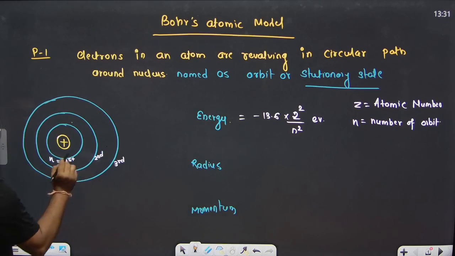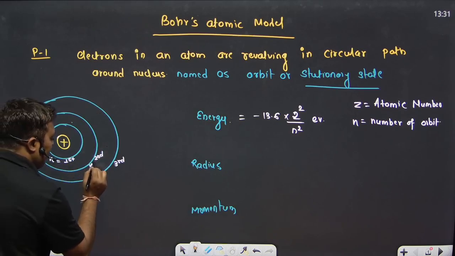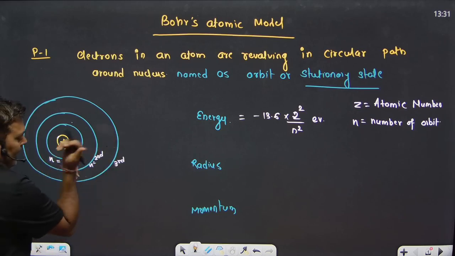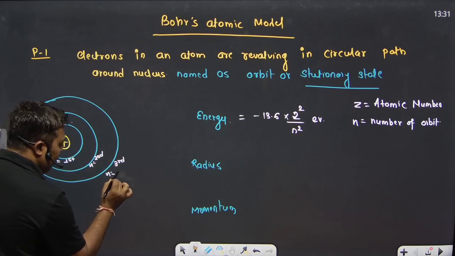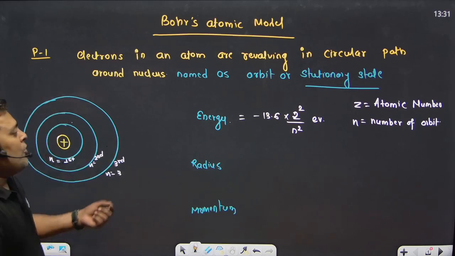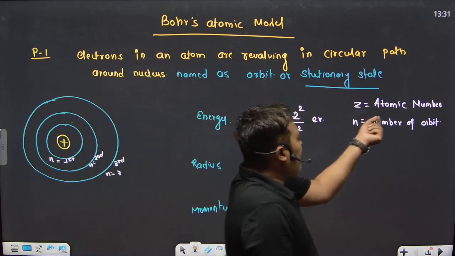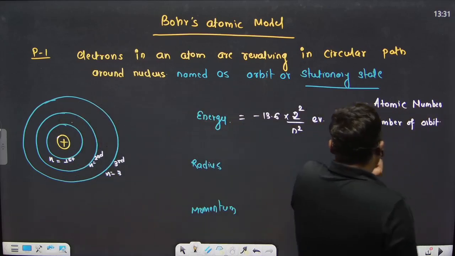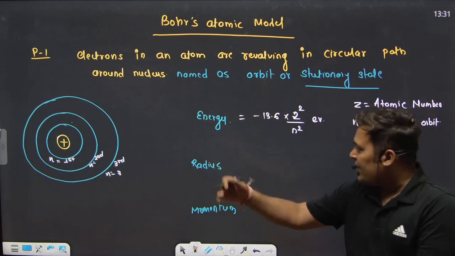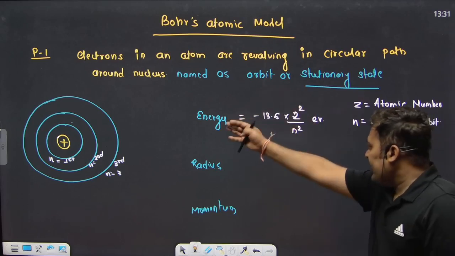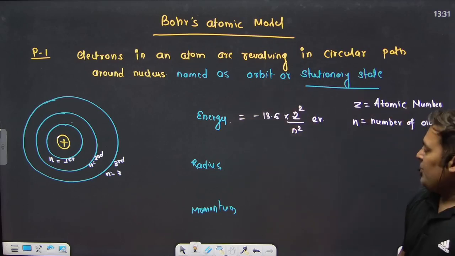If you are talking about this one, then the value of n is going to be 3, like that. So Z is representing the atomic number of the element, and n is representing the number of the orbit, which orbit we are using. So we can calculate the energy of any orbit by using this formula.